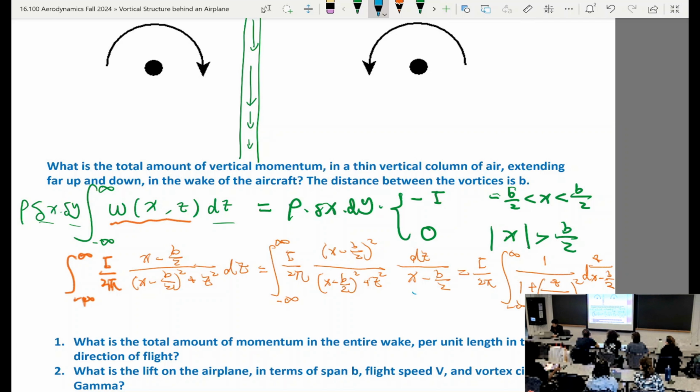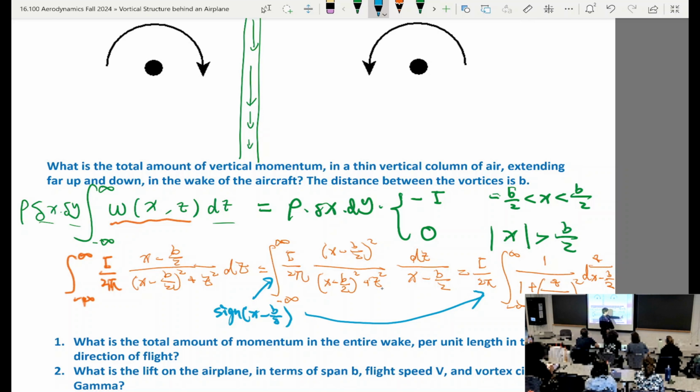If I'm dividing dz by something, the bounds of the integral might switch from minus infinity to infinity backwards if I'm dividing by a negative number. So there is actually a sign of x minus b over 2 in front of this, and this is also in front of this. But other than this sign, we can already see that this thing doesn't depend on x.